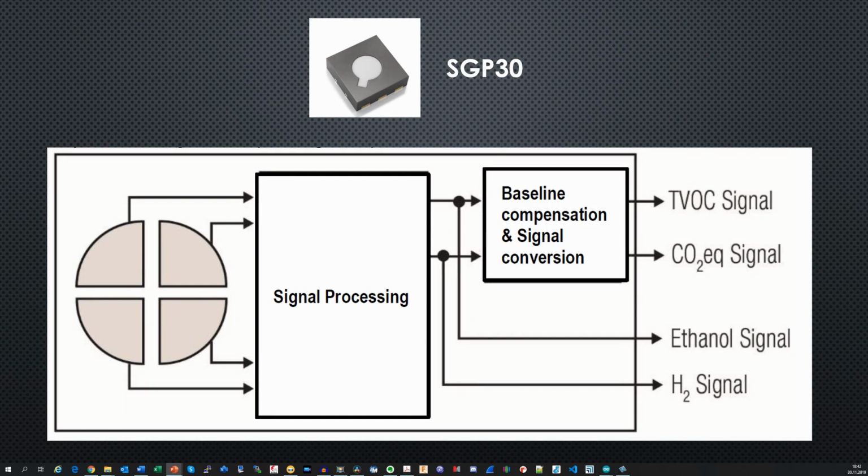But what can we do with these two raw measurements? The SGP30 uses these raw measurements and outputs two values. One is called TVOC or total VOC and the other ECO2 or CO2 equivalent, which is an artificial number that should somehow match the CO2 values. We will later see if this is true or not.